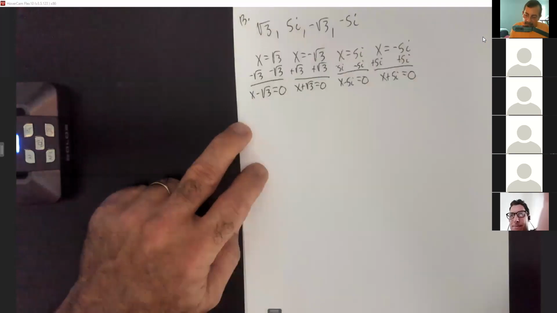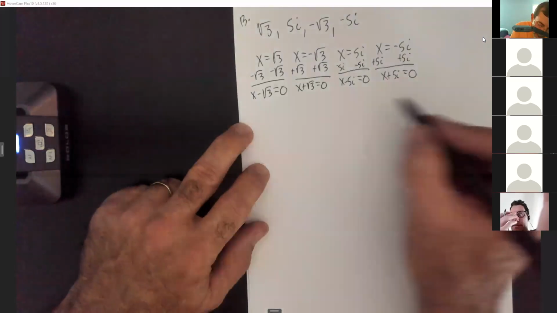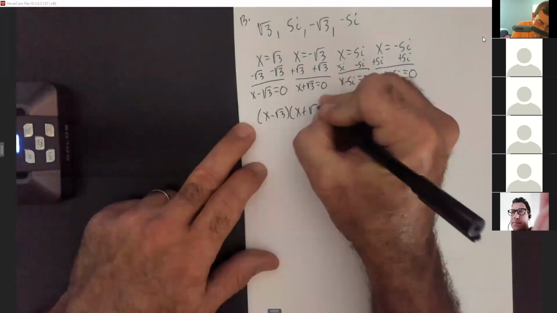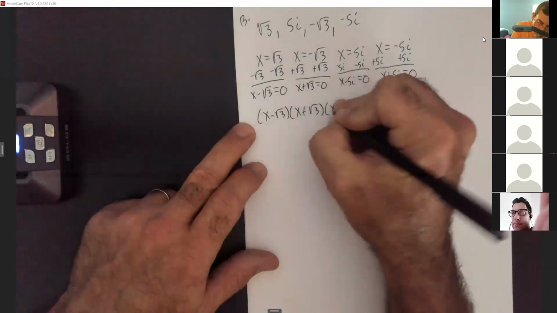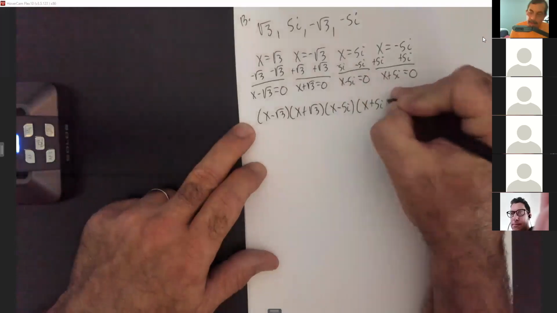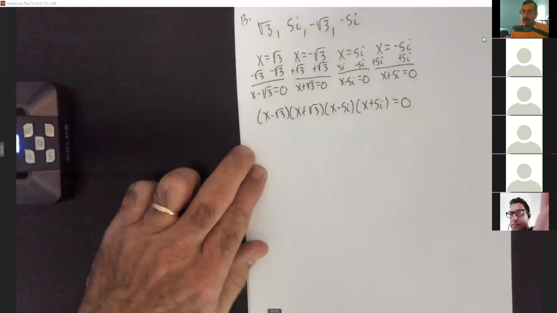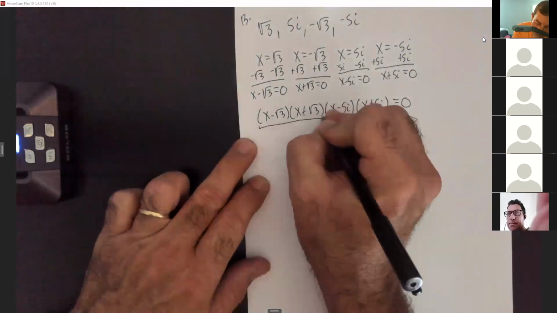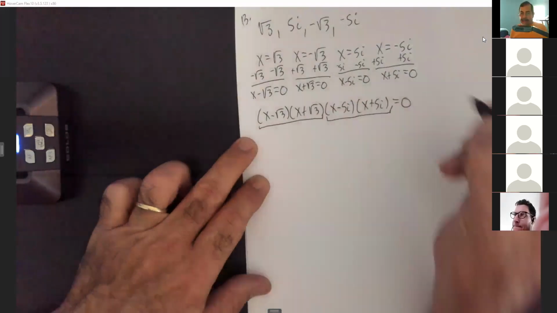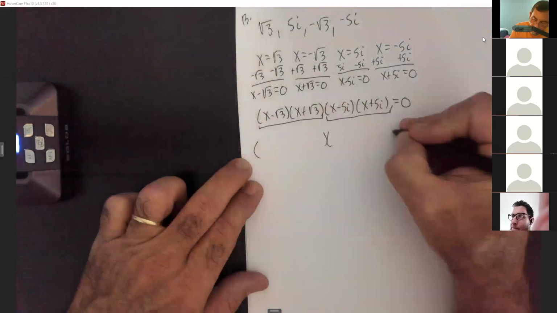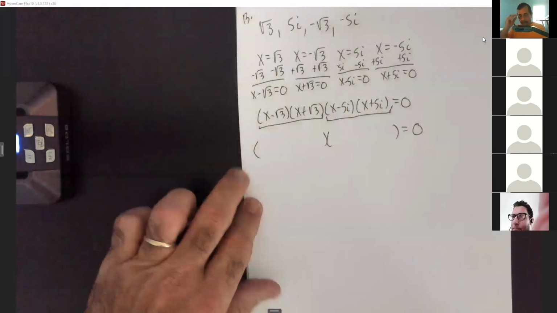All right, so all 4 of these are set to 0. So now the product can be set equal to 0. Since all these are conjugate pairs, I'm going to FOIL these two together and FOIL these two together at the same time and put each one of those in their own parentheses.